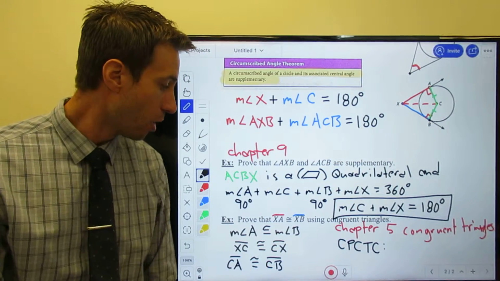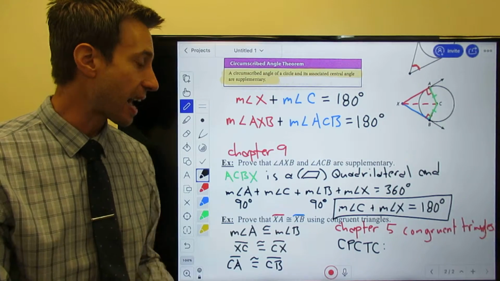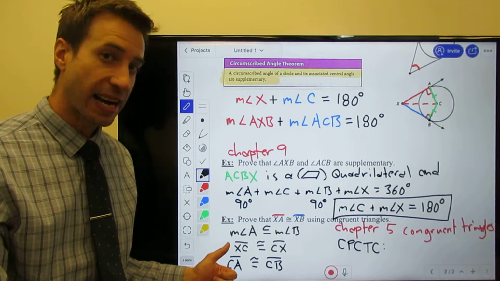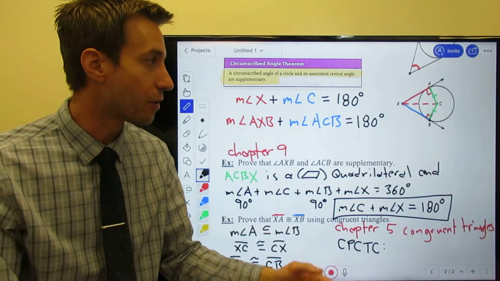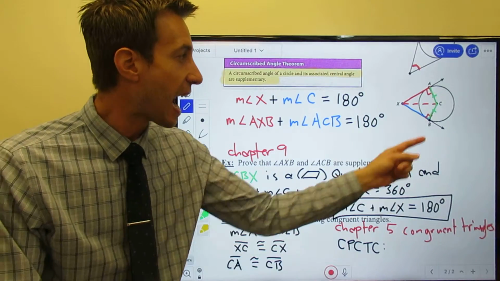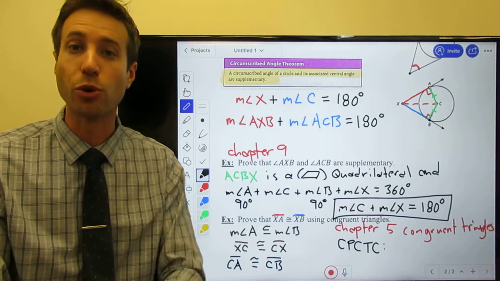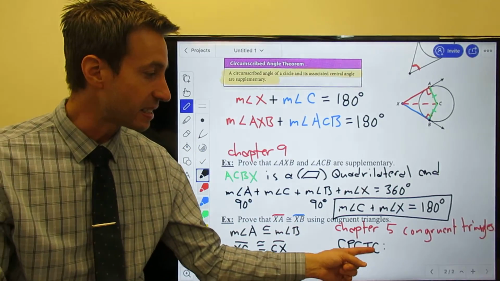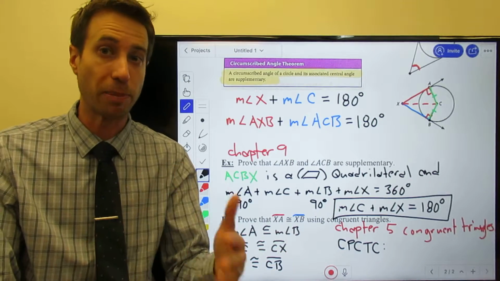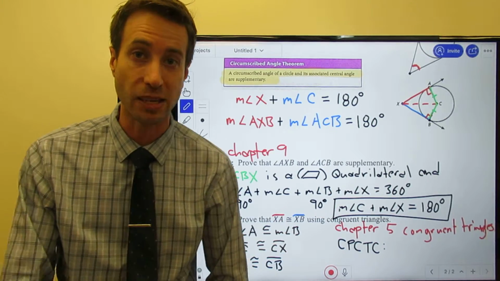How do I know? Well, I know because I have side angle, or angle side, right? Whichever way you want to say it. I know three parts of the triangle are congruent, therefore I know the triangles are congruent. So then CPCTC, corresponding parts of congruent triangles, must be congruent.